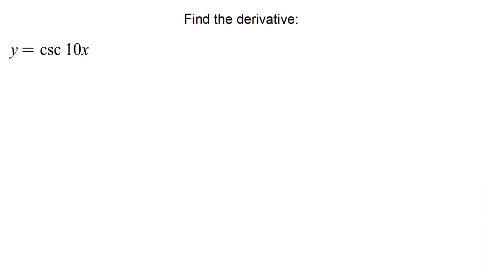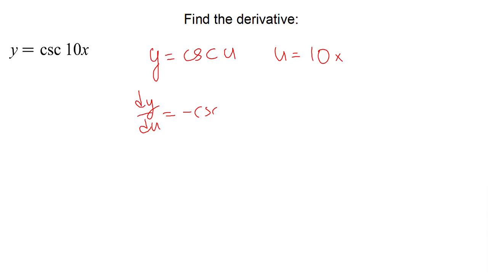For number 6 here, once again, we've just got the similar type of problem. It's y equals the cosecant of u, where u is equal to 10x. And this is our last of the 6 trig derivatives. Right? Last one we haven't used yet. We should know that dy/du on that is negative cosecant u, cotangent u. You should have that derivative memorized.